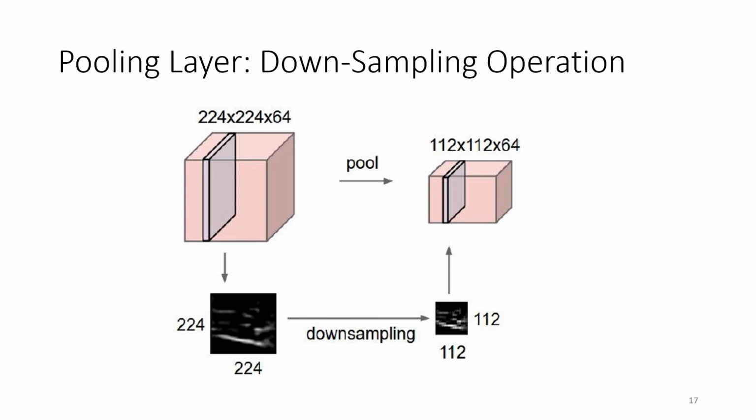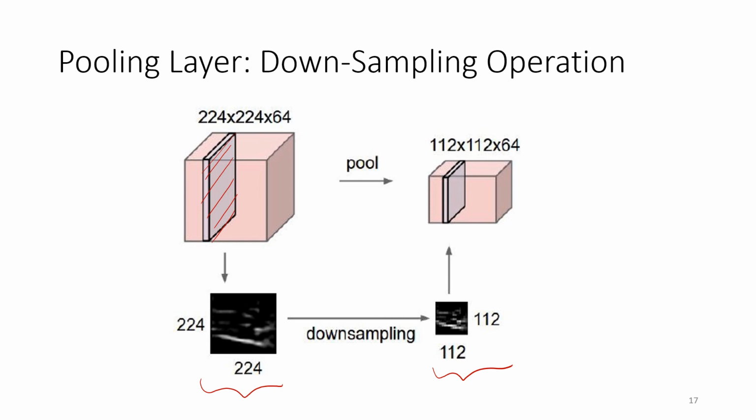So if you have, for example, a 224 by 224 by 64 tensor or activation map at this point, a max pooling will result in a 112 by 112 by 64 output. And as you see from the activation map of one channel here, it's very similar to downsampling this activation map.